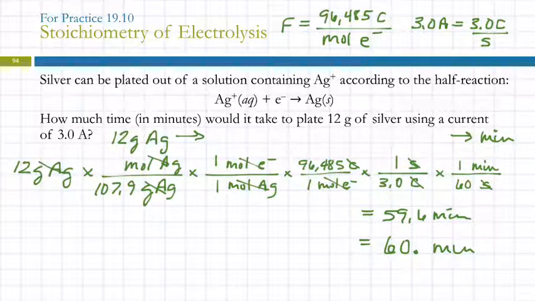And then the Faraday constant is just relating the amount of charge per mole of electrons. And you could take the Faraday constant and figure out what the charge on a single electron was. This is actually probably closest to a molar mass. So here's silver, 107.9 grams per mole of silver.